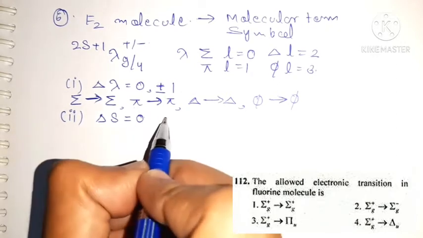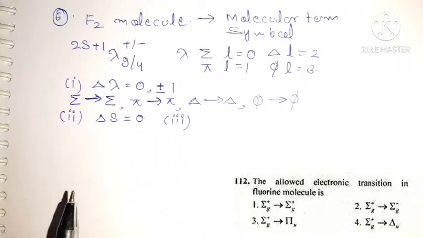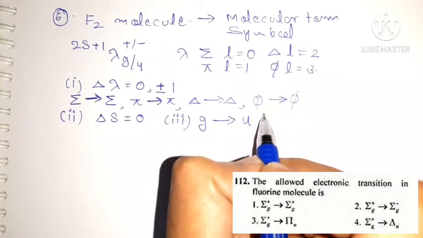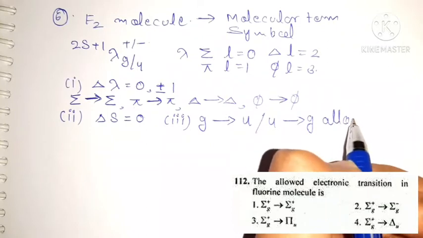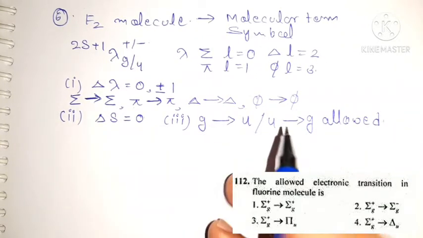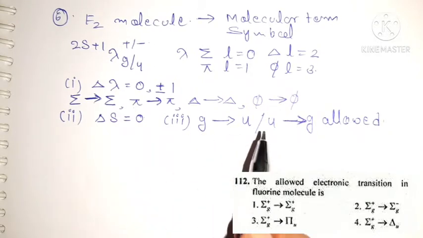Okay. Now another selection rule, that is the third selection rule, says that gerade to ungerade or ungerade to gerade transitions are allowed. Gerade to ungerade and ungerade to gerade transitions are allowed. Gerade to gerade are forbidden. Ungerade to ungerade are forbidden.